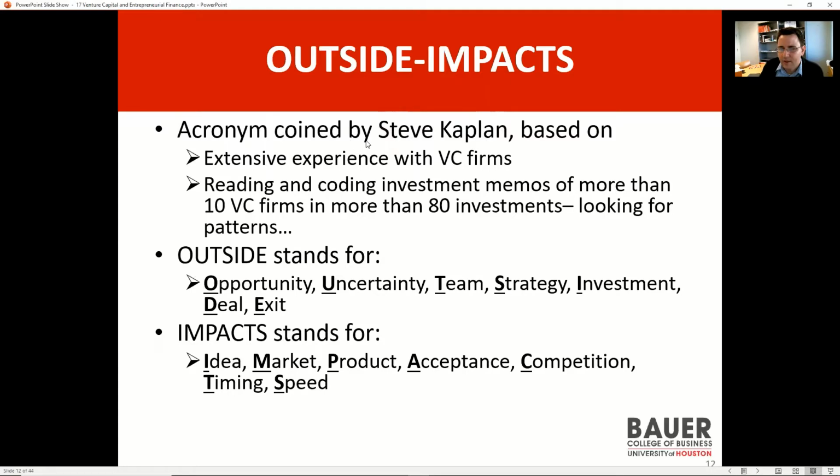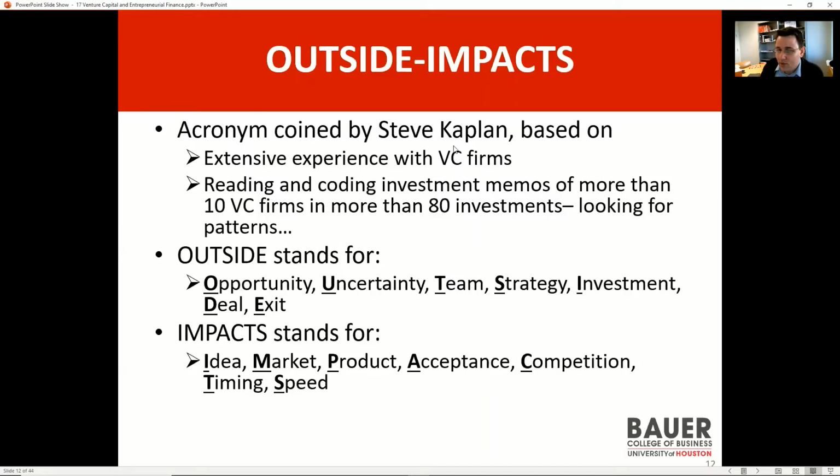What he did is he worked with a lot of VC firms, and with these VC firms, the associates and the partners will write memos to each other. They'll have lots of different investment opportunities, and within a given VC firm, the associates will write memos trying to talk about why one firm would be a good investment or not.